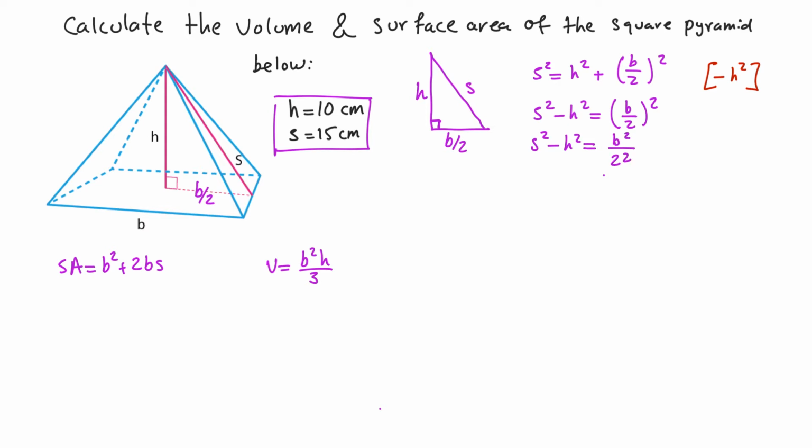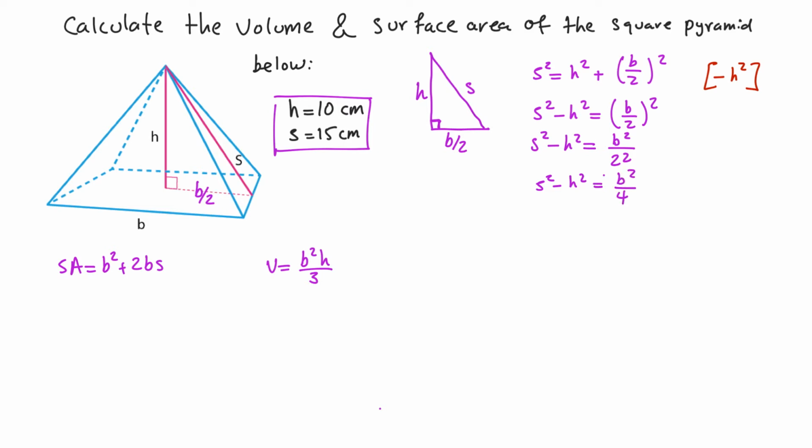And remember from exponent laws, if you have a fraction which is being raised to an exponent, that exponent needs to be distributed to both the numerator and the denominator. So the next step becomes s squared minus h squared is equal to b squared over 4.